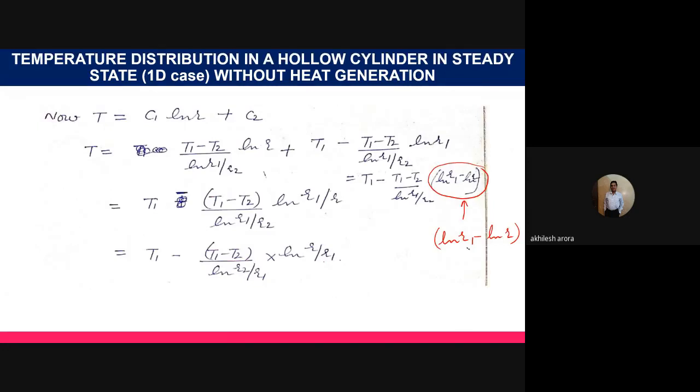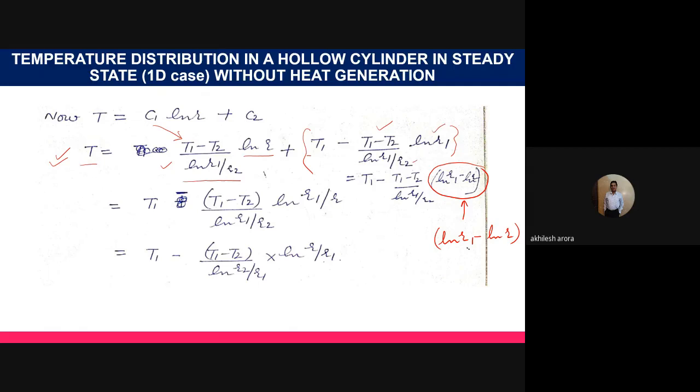T is equal to, the value of C1 is T1 minus T2 divided by log r1 by r2 into log r, plus the value of C2, which is T1 minus T1 minus T2 divided by log r1 by r2 into log r1.